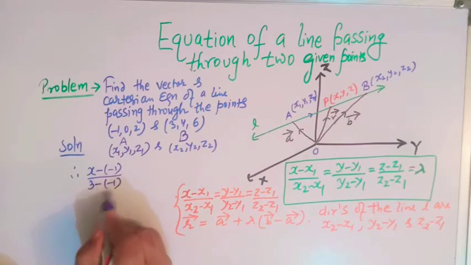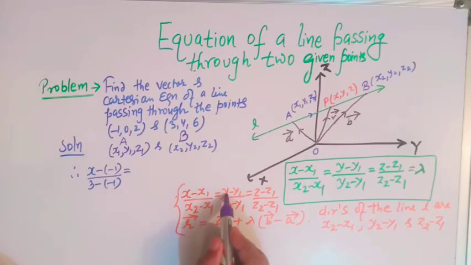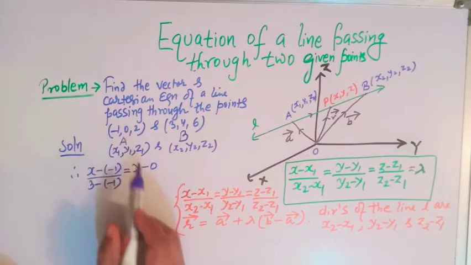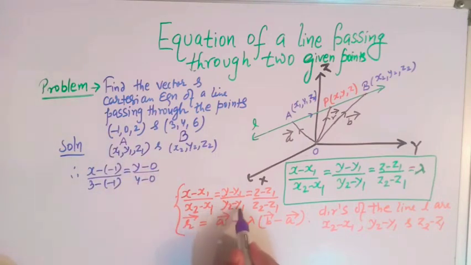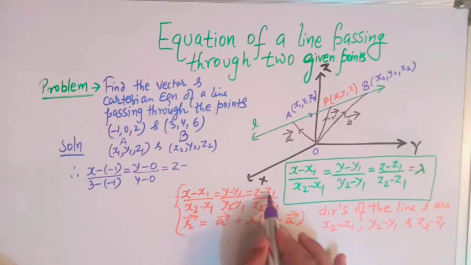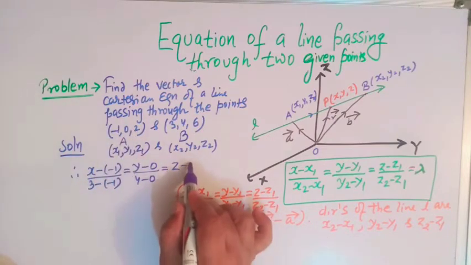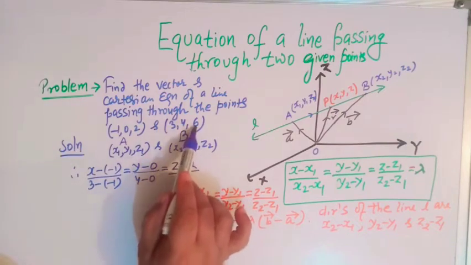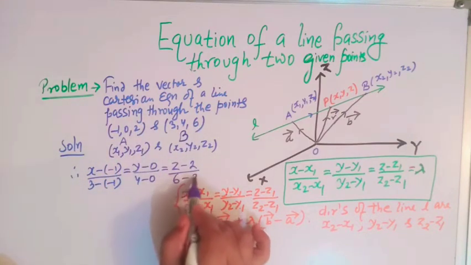minus minus 1, equal to y minus y1. So we have y minus 0, here it is 0 for y1, and then we have 4 minus 0 for y2 minus y1. Then we have z minus z1, where z1 is 2, and z2 minus z1 is 6 minus 2.